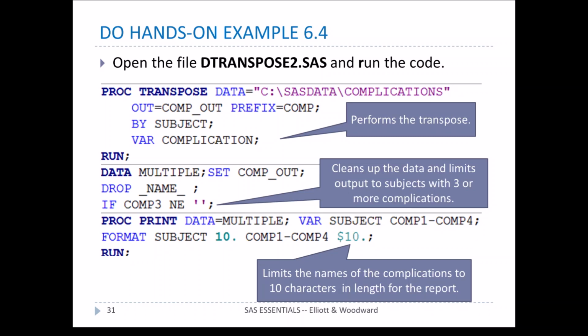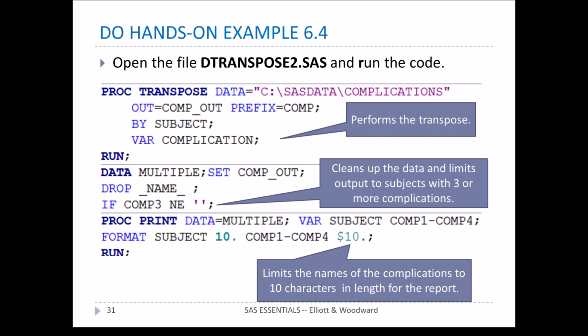And then we're going to say if comp3 equal blank, then delete. Remember, that's a subsetting IF statement. It limits the output to subjects with 3 or more complications. So if complication 3 is blank, it means that they didn't have 3 or more complications. We're only interested in people with 3 or more complications, so this eliminates all of those.